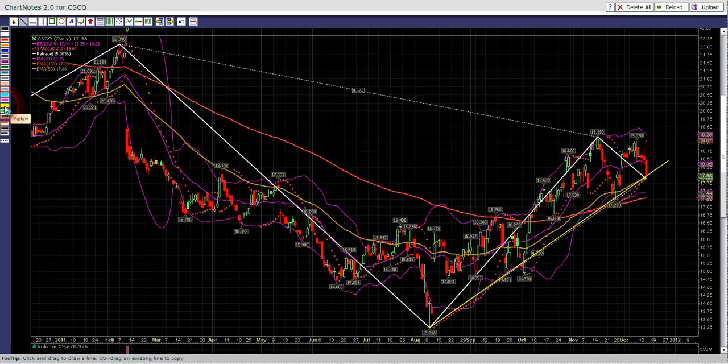Let's look at something else here just so that we can get a perspective on the expectations. So we're going to draw from our high here across the top, and we've got what looks to be a top triangle, and if we break that, then we have a down. Well, there's 2 possibilities here. Let's have a look at this triangle anyways. 1, 2, 3, and we're tagging on 4.